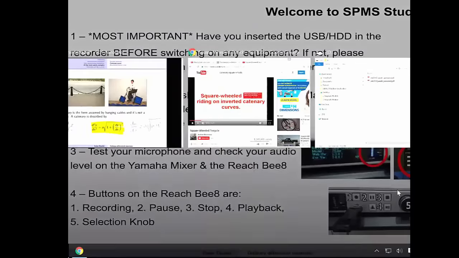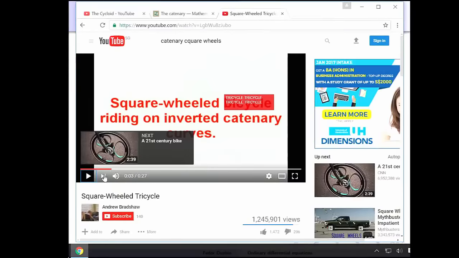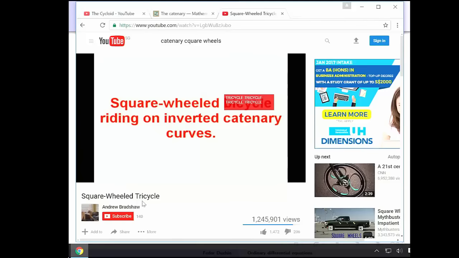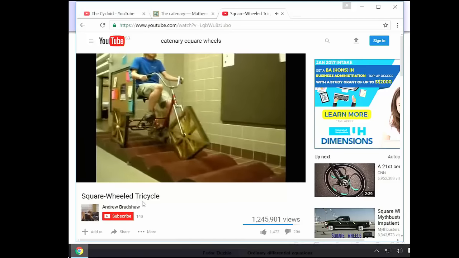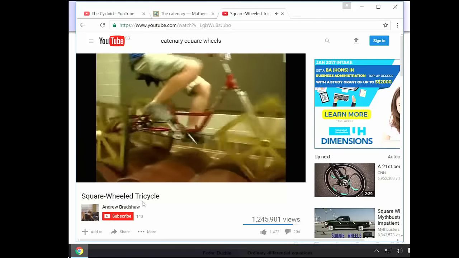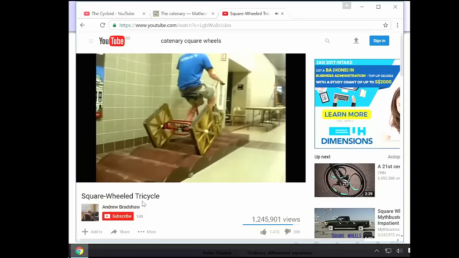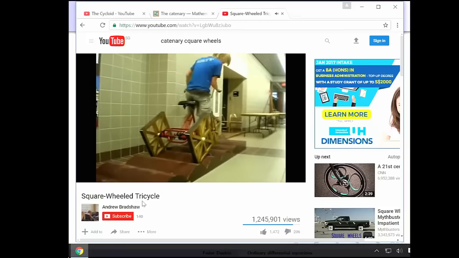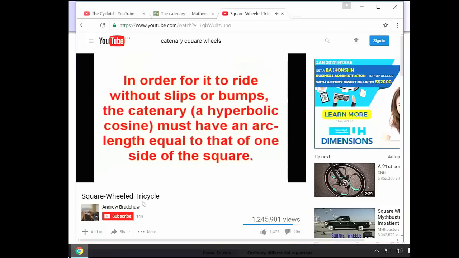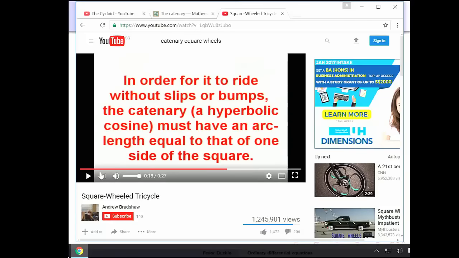So let me show you a video how it can be done. So notice that although the wheels are square, this tricycle, as it rolls by, it doesn't go up or down. So it rolls absolutely evenly.